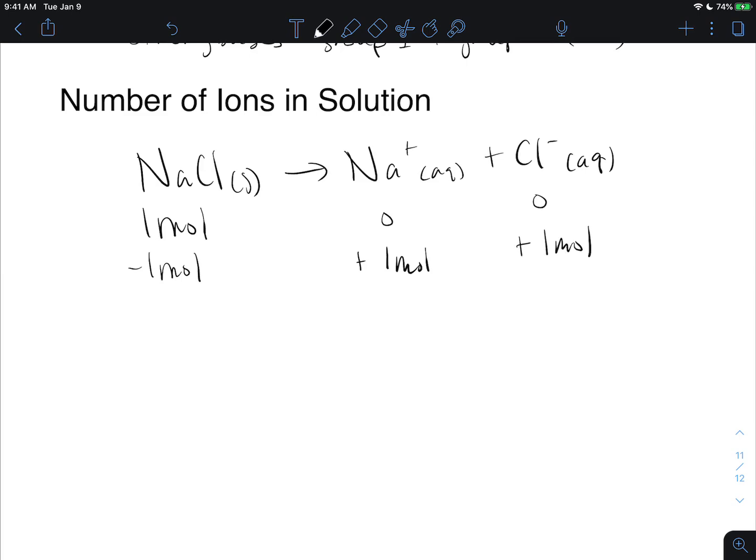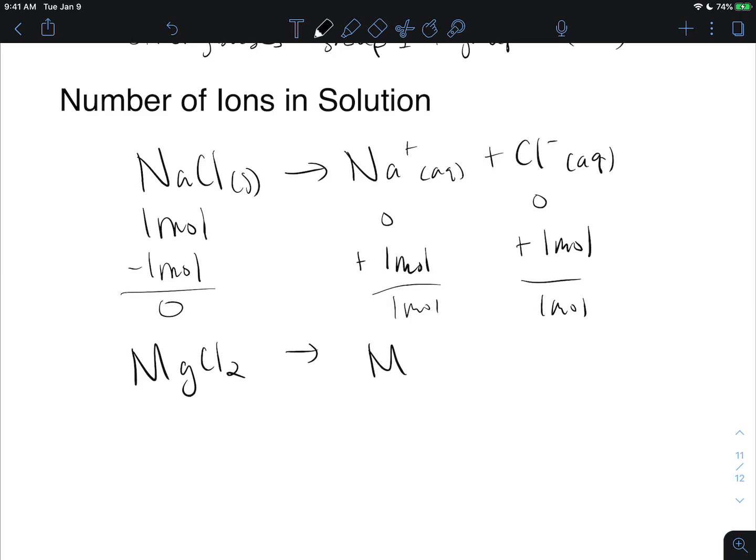Pretty easy. So there'll be 0 moles of this, 1 mole of this, and 1 mole of this after it has dissolved. Something like magnesium chloride, when this dissolves, it produces 1 magnesium ion and 2 chloride ions. So after dissolving, there'll be 0 moles of this, 1 mole of this, and 2 moles of this if we start out with 1 mole of magnesium chloride.